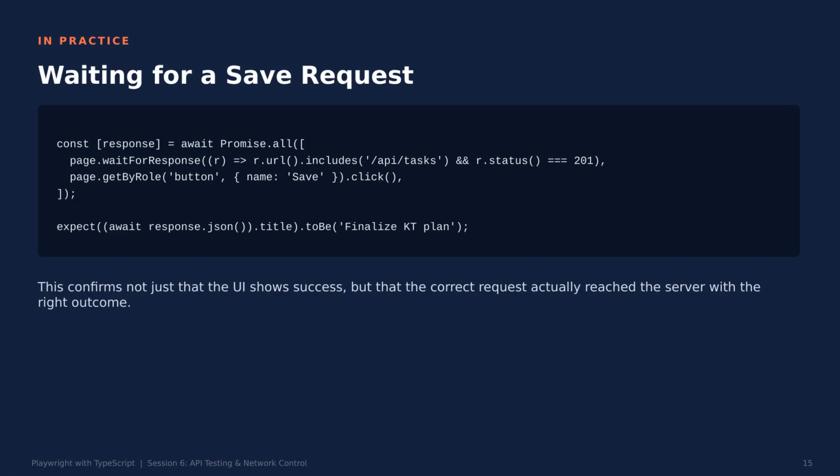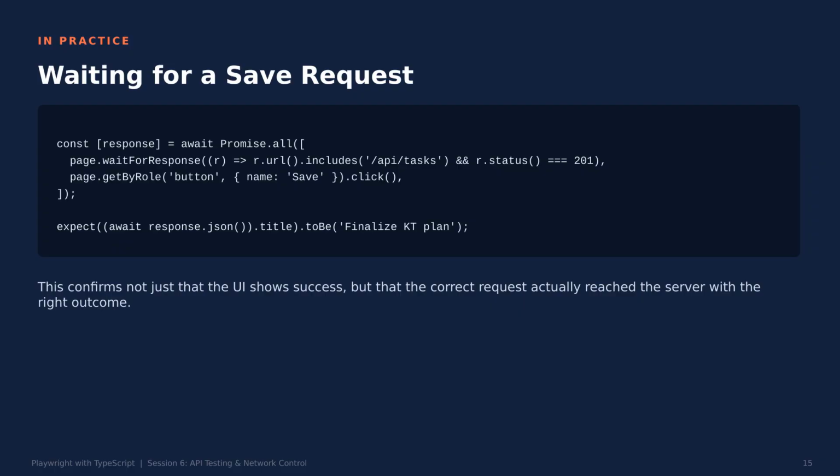Let's see this in a real example. const response equals await Promise.all, page.waitForResponse, checking that the URL includes /api/tasks and the status is 201, alongside page.getByRole button, save.click.